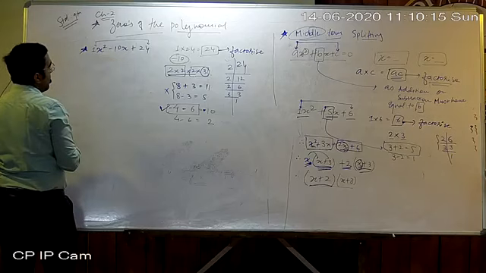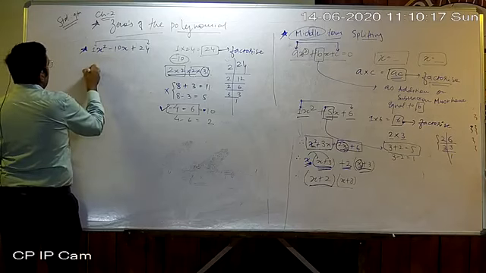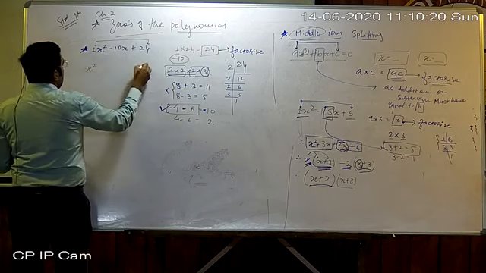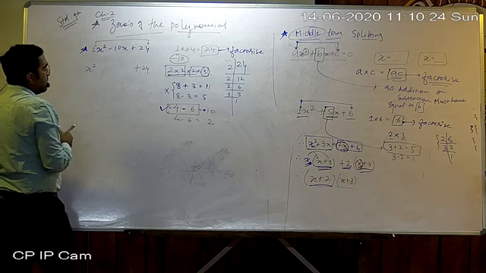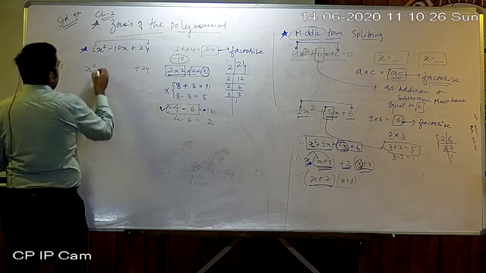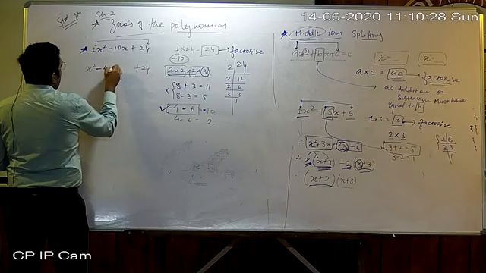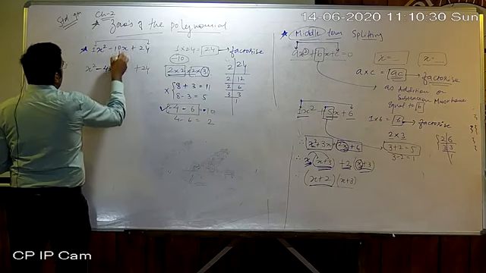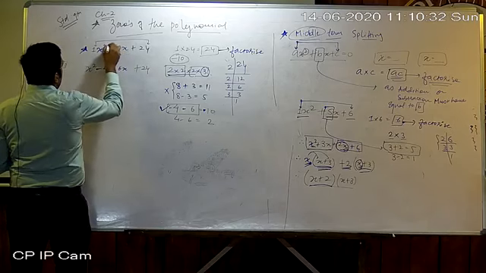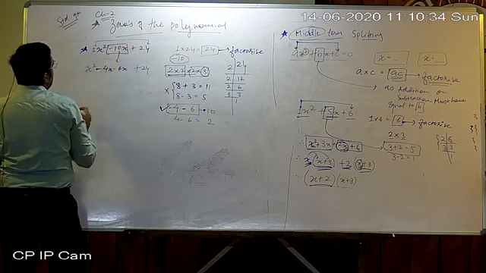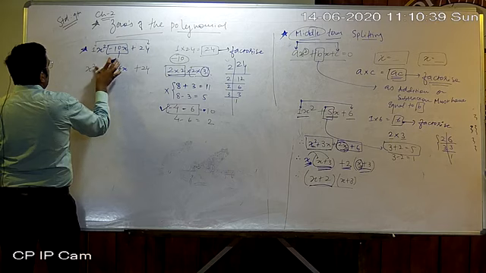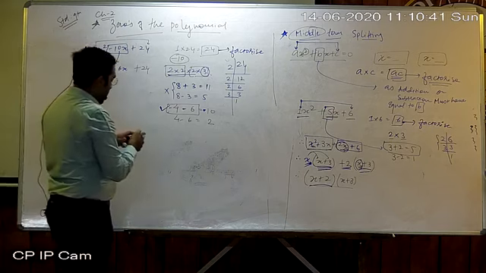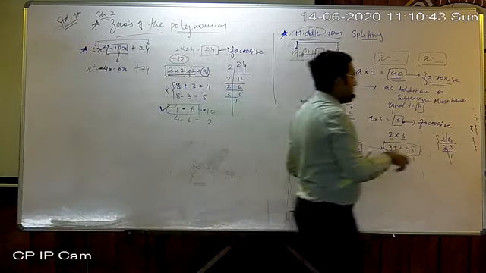So my first x square as it is and 24 is also as it is. Now my 2 factors are minus 4x and minus 6x. For the minus 10x, I'll write the 2 factors minus 4 and minus 6.